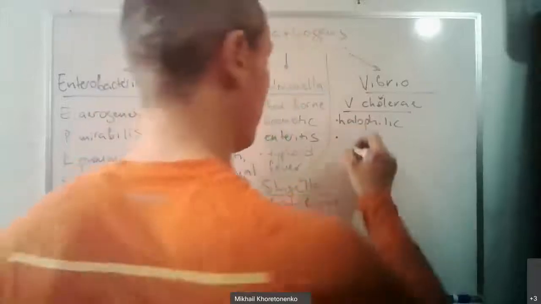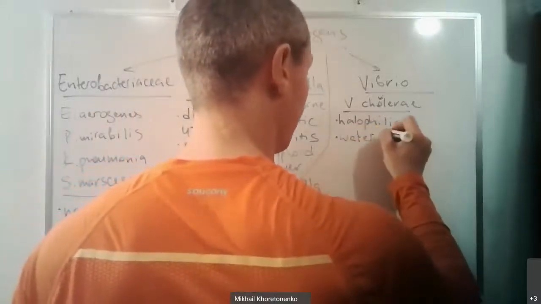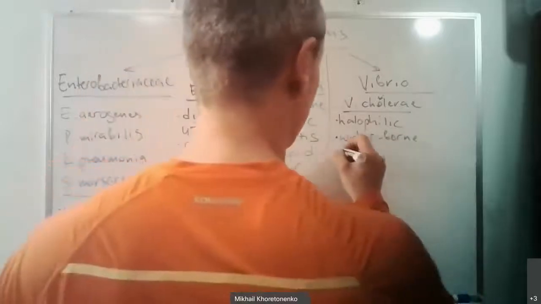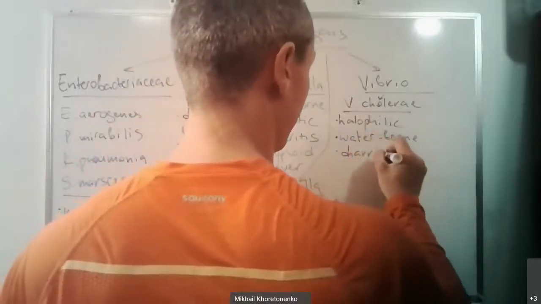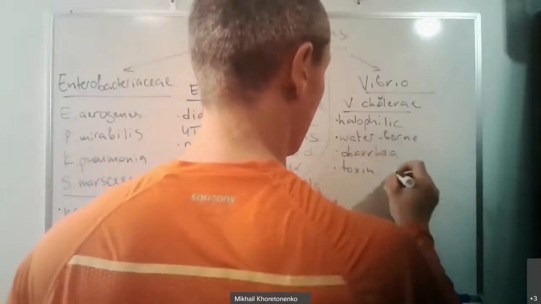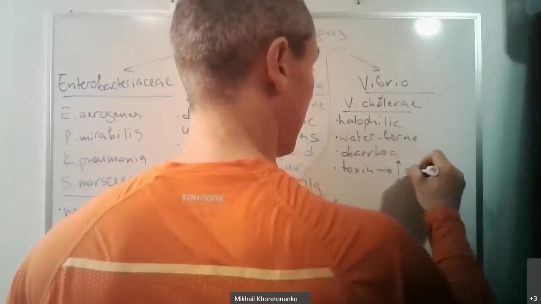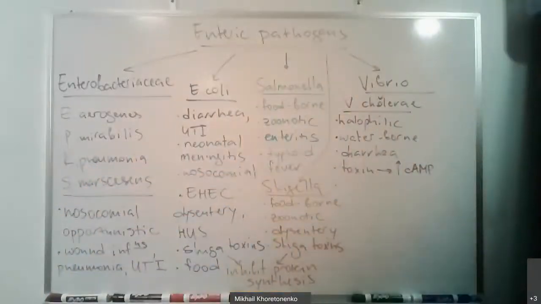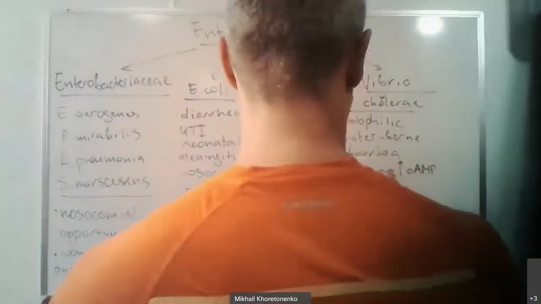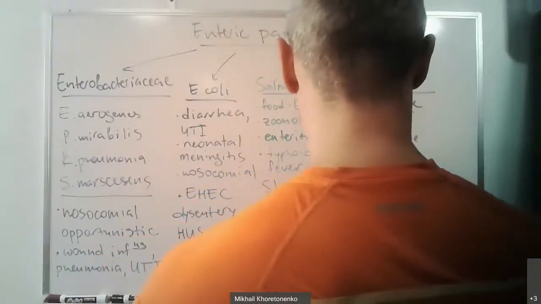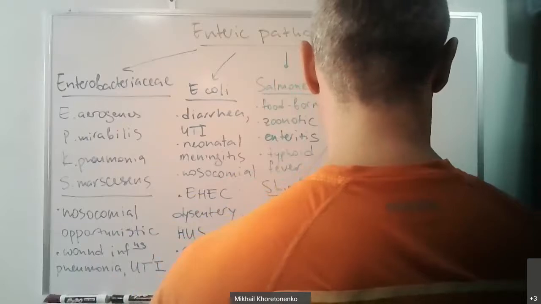It is a waterborne pathogen, so it is transmitted when people drink contaminated water, and it causes profuse diarrhea. The toxin stimulates production of cyclic AMP, and those elevated levels of cyclic AMP lead to increased secretion in the intestine, and that leads to diarrhea.